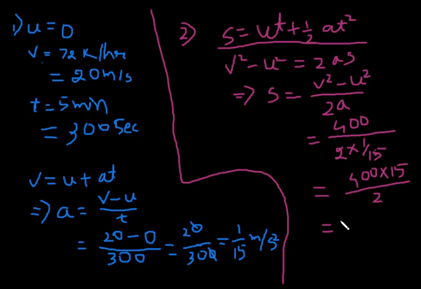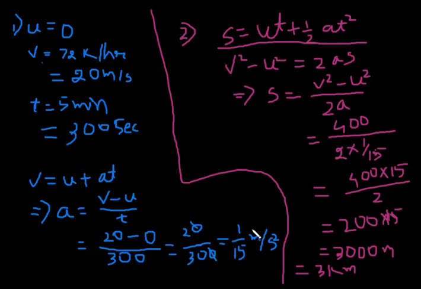It will be equal to 200 into 15. 200 into 15 is equal to 3000. 15 2s are 30, double 0. Now 3000 meter, which is equal to 3 kilometer. Okay, so this is the answer of the question.